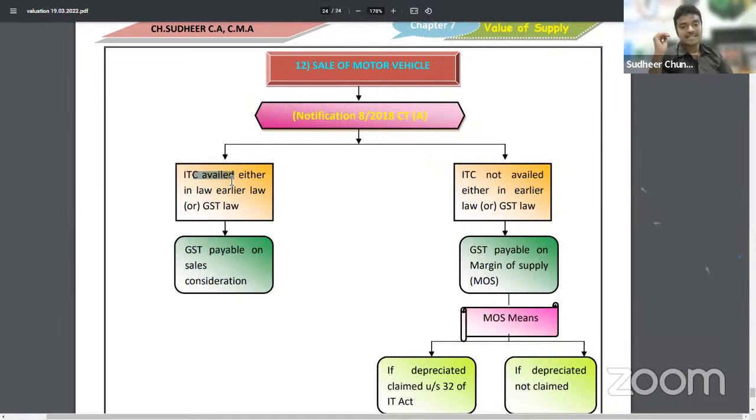I am in the transport business. I purchased the motor vehicle for 10 lakhs and availed ITC. Now, if I sell this vehicle for only 3 lakhs, on that 3 lakhs you are liable to pay GST. GST is payable on the entire sale consideration, if ITC is availed under earlier law, whether under the VAT Act or the GST Act.